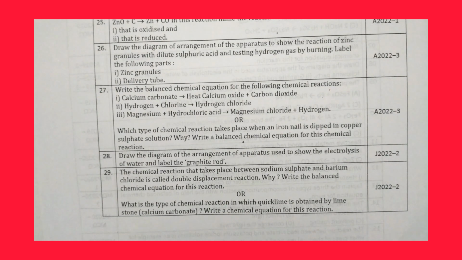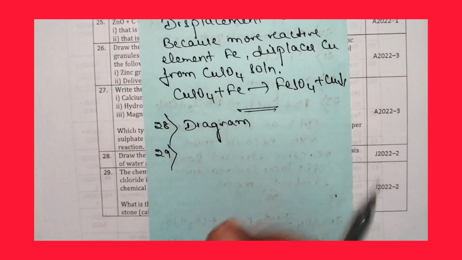The chemical reaction that takes place between sodium sulfate and barium chloride is called double displacement reaction. Why?